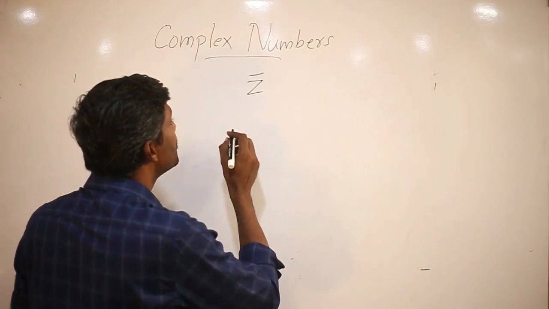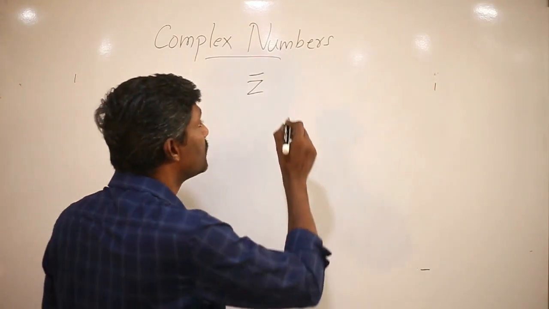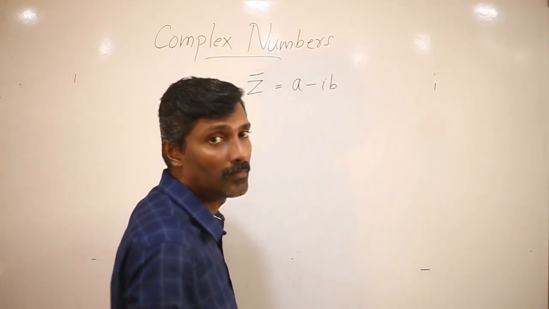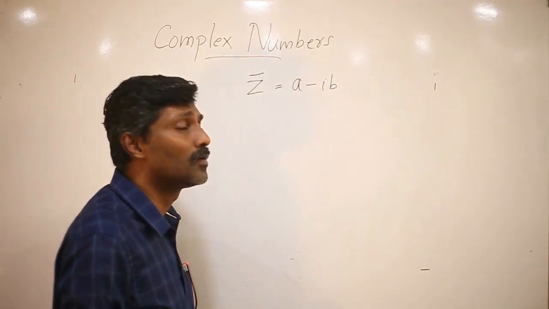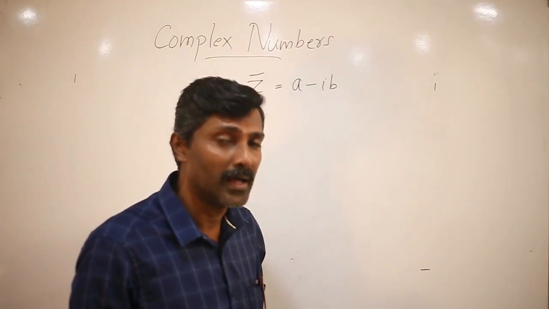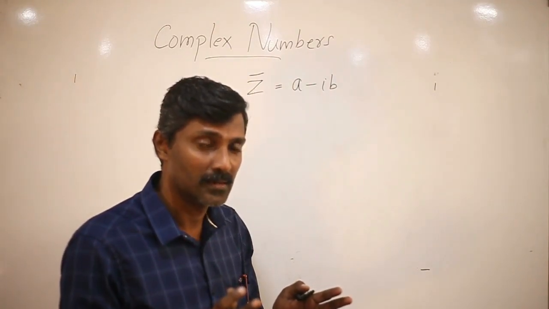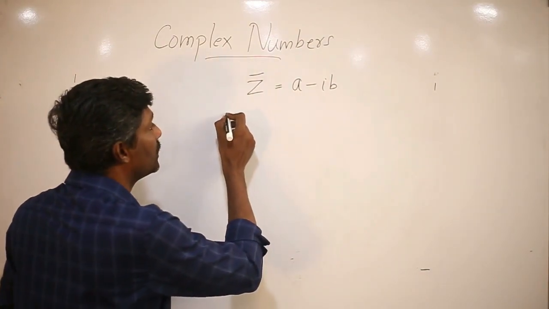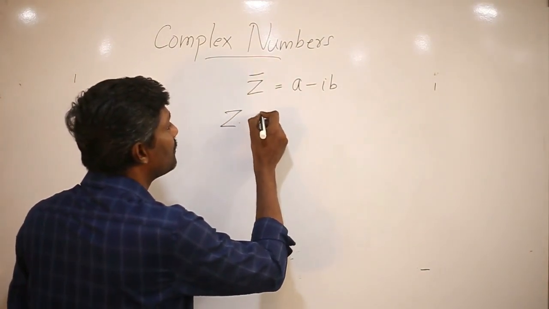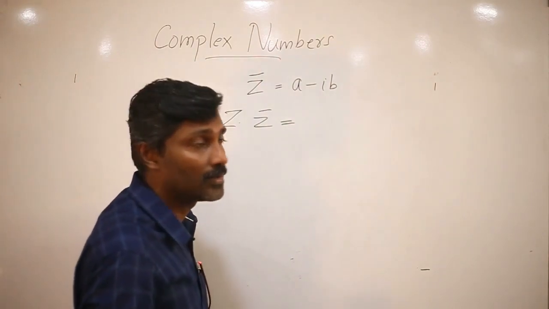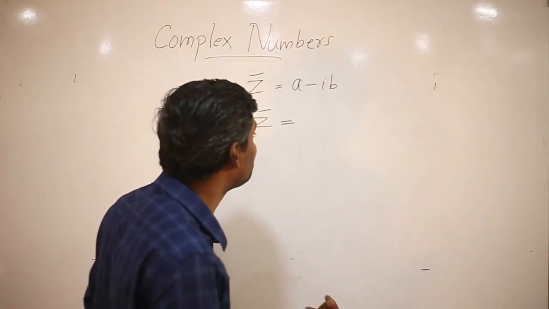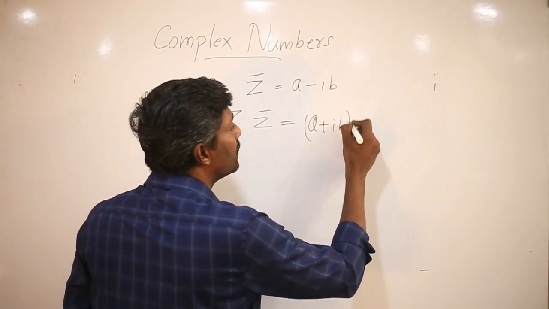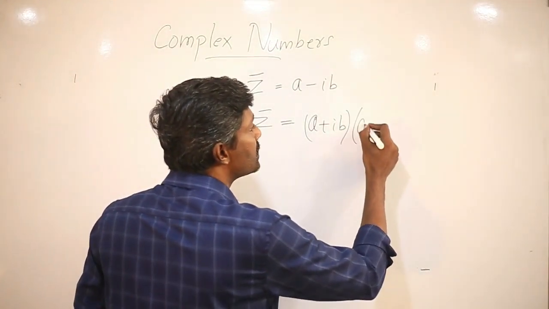So if z is equal to a plus ib, then z bar is a minus ib, right? Now let's find out what do we get when we multiply a complex number z and its conjugate z bar. Okay, so z into z bar. This is what we are trying to find out. What do we get? Let's substitute z is a plus ib and z bar, the conjugate, is a minus ib.